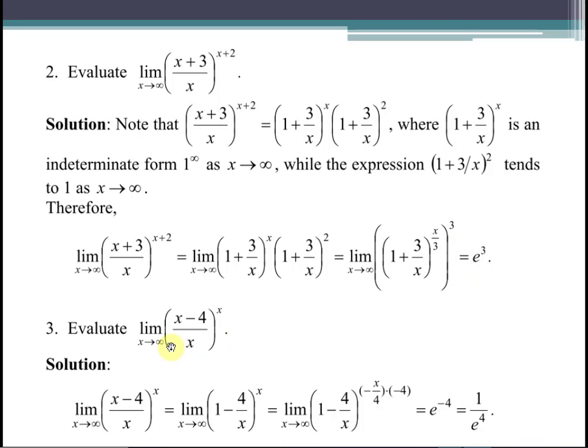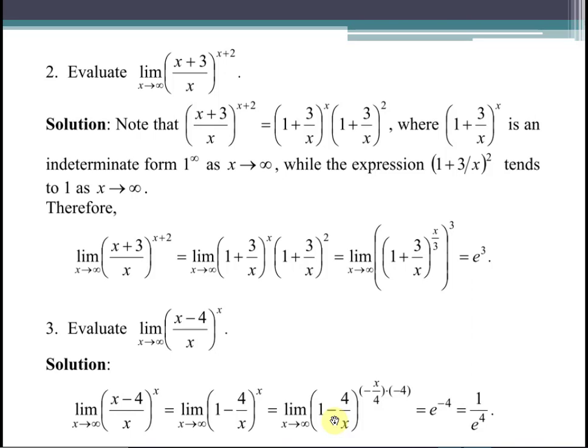Evaluate the limit, number 3. You can see we will do the same operation as the previous one, but the difference is here we have minus in the middle. That's why we need to write minus in the power also, because this one is now your second term.